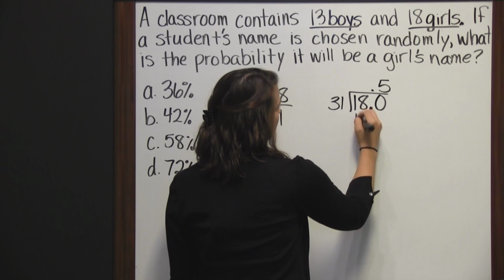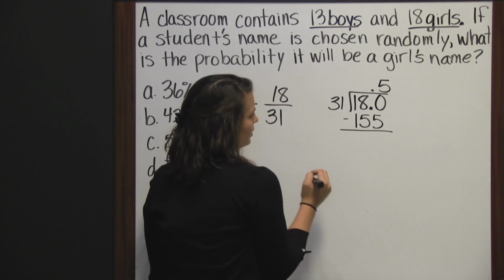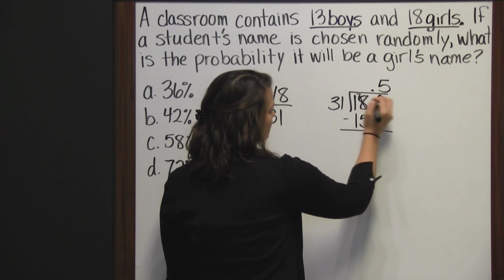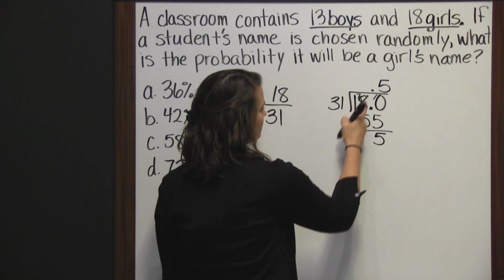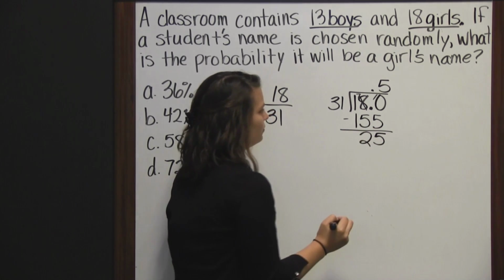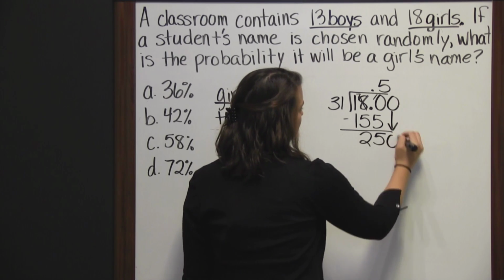31 times 5 is 155. Borrow from the 8, it becomes a 7. Then we have 10 minus 5, which is 5. And 7 minus 5, which is 2. Then we add a 0 and bring it down.